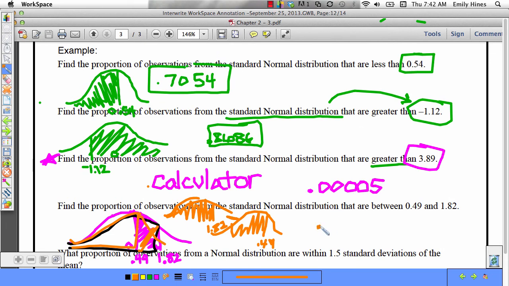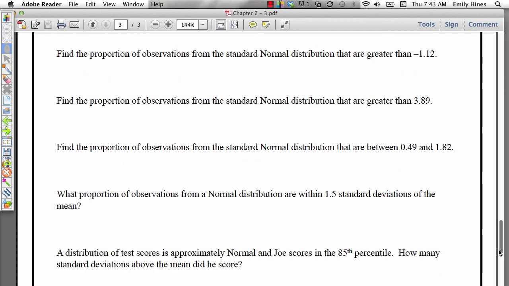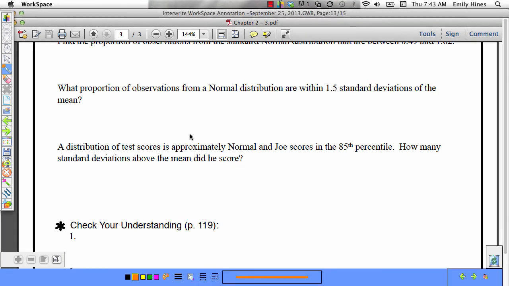So when I subtract those, 0.9656 minus 0.6879, I end up with an area of 0.2777.